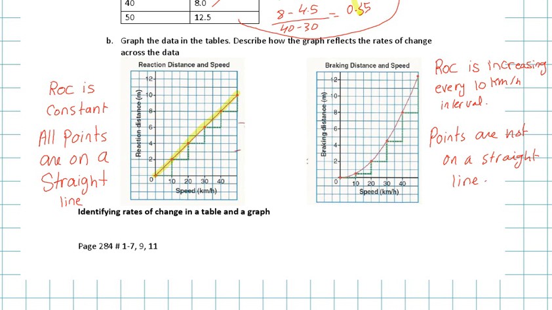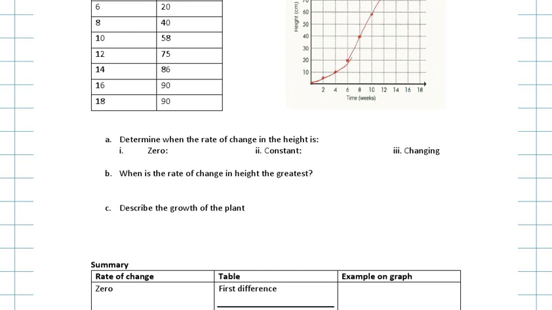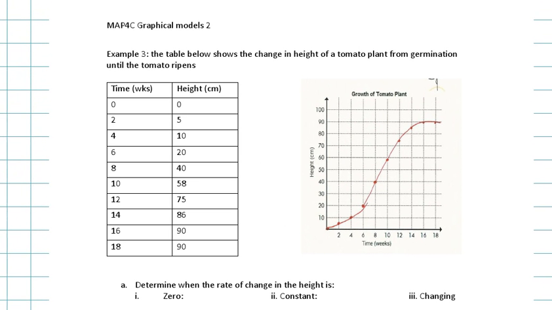Okay, so for the next question: the table below shows the change in height of a tomato plant from germination until the tomato is ripe. There is a table and there is the graph as well.